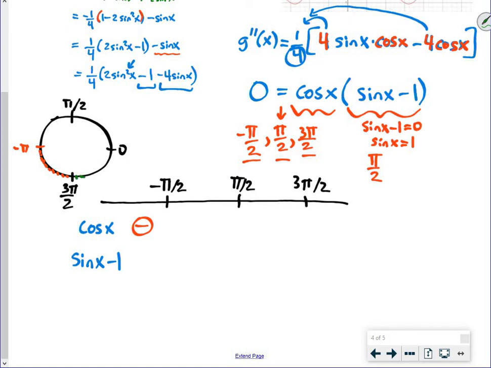Then we would be positive on that interval from negative pi over 2 to pi over 2. And then we would go negative again from pi over 2 to 3 pi over 2. And then we'd be positive again there.